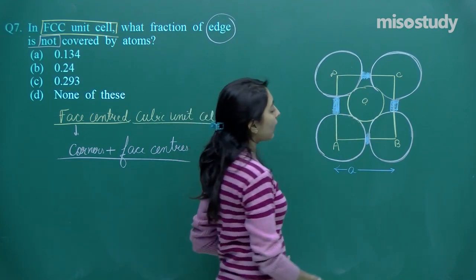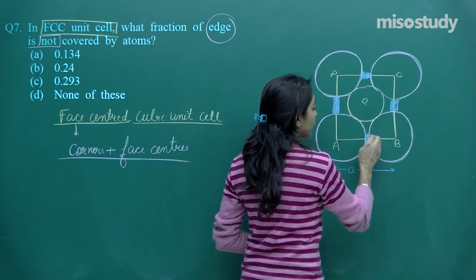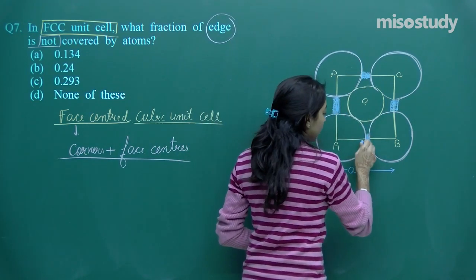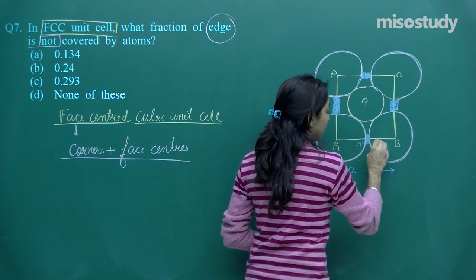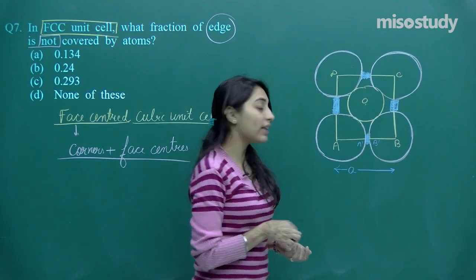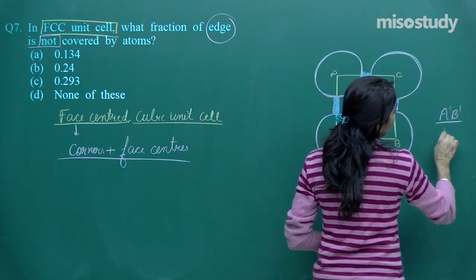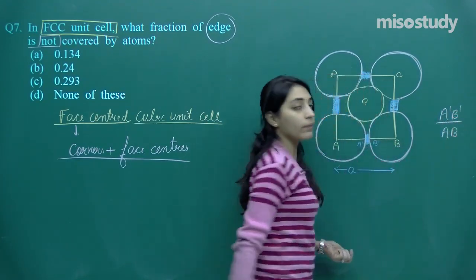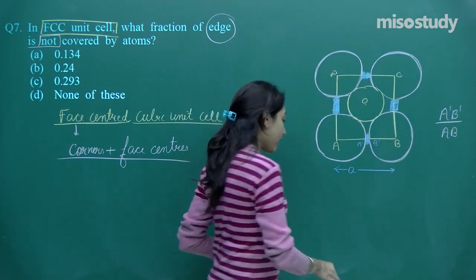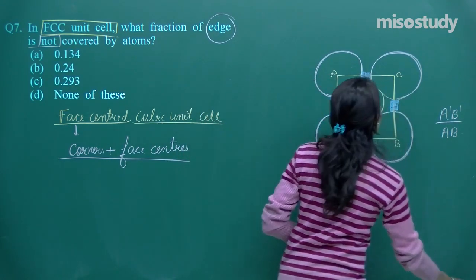So we need to figure out this blue portion. Let us call it A dash B dash. So finally I need to figure out the value of A dash B dash divided by AB. Considering the radius of the sphere as R.